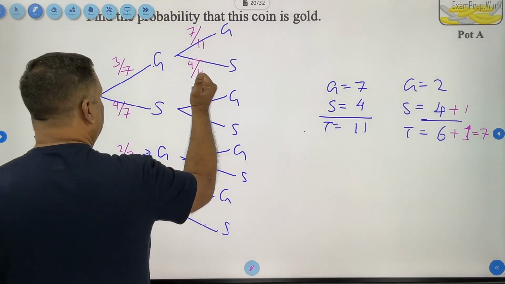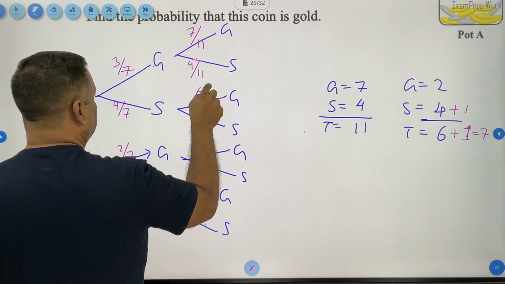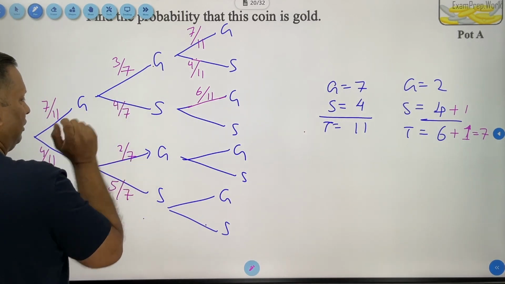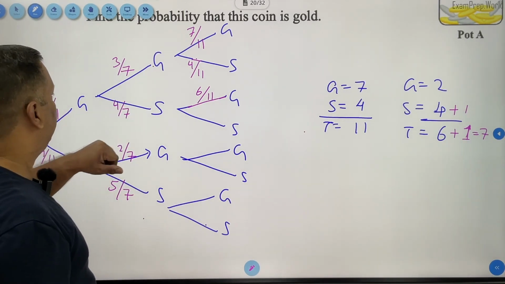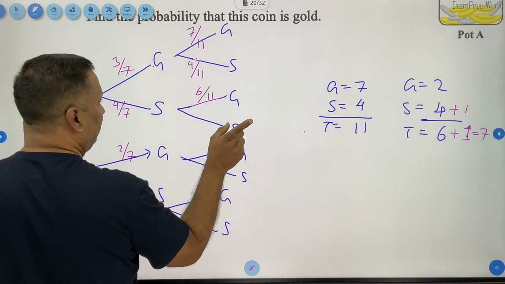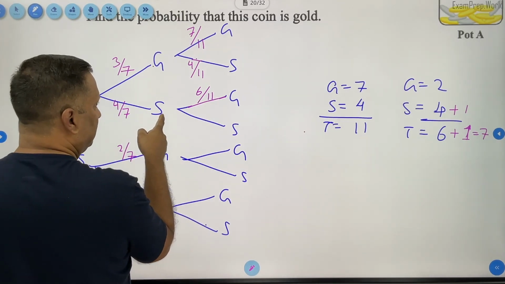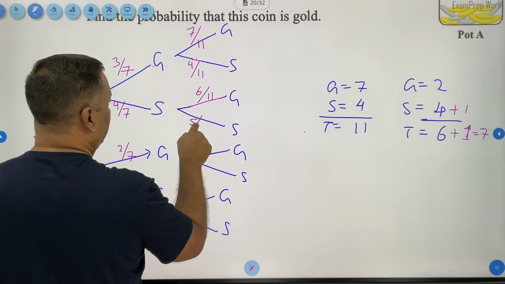No, there will be only 6 golds at that time, right? 6 on 11, because 1 was silver. Now 6 on 11, and silver will be 1 more, because 1 silver came here. So it will be 5 on 11.